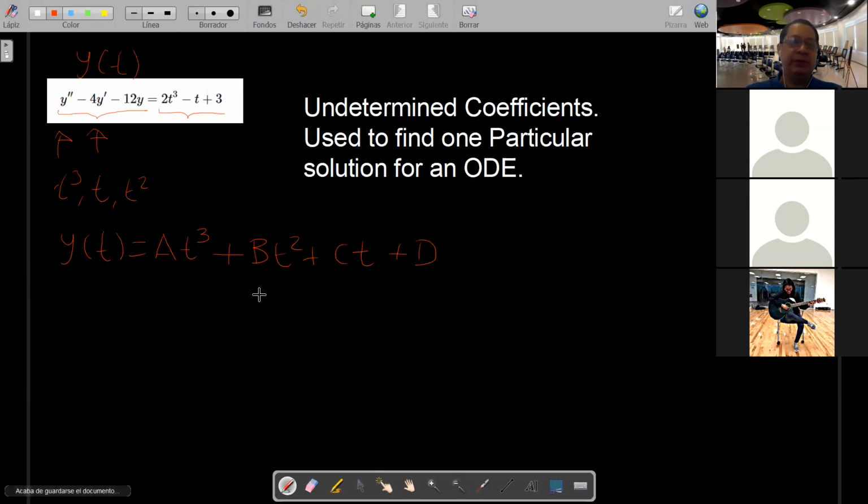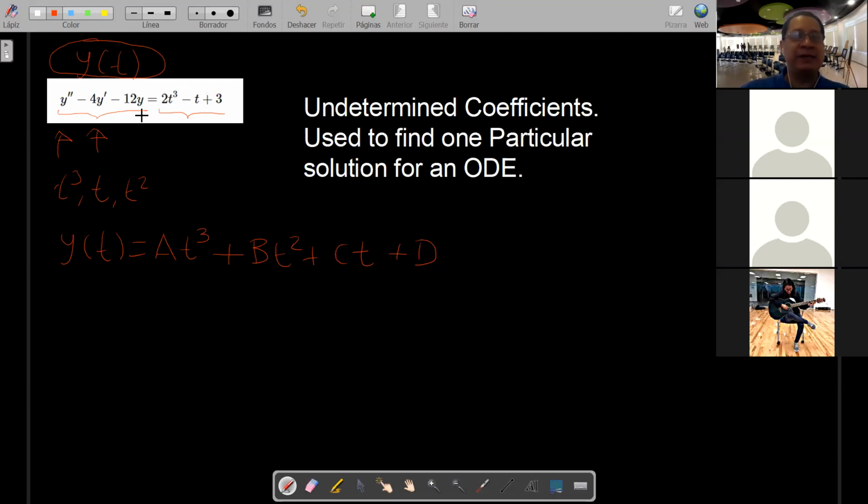Teacher, could you repeat, please, why is it that you're choosing t cubed, t squared, and t? Yes, of course. Remember, in this equation, what you are saying is, if you propose that your solution will be y, that solution should make this equation true.